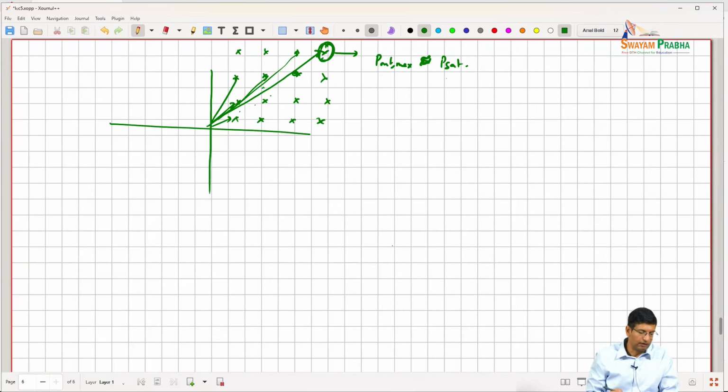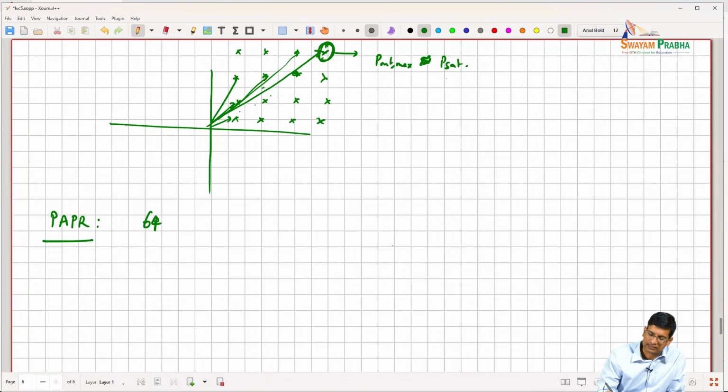So if you look at the PAPR, this peak to average power ratio, for popular constellations, let's say 64 QAM OFDM, this ratio can be as high as 11 dB.